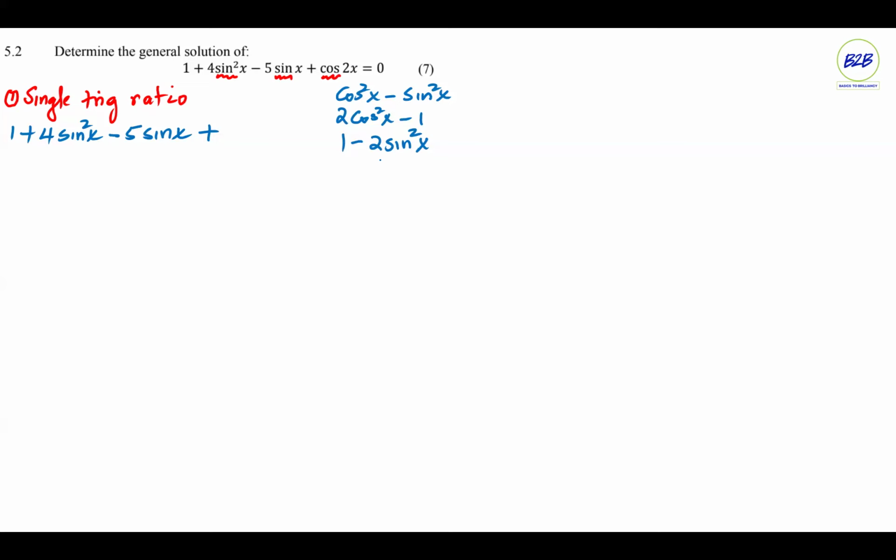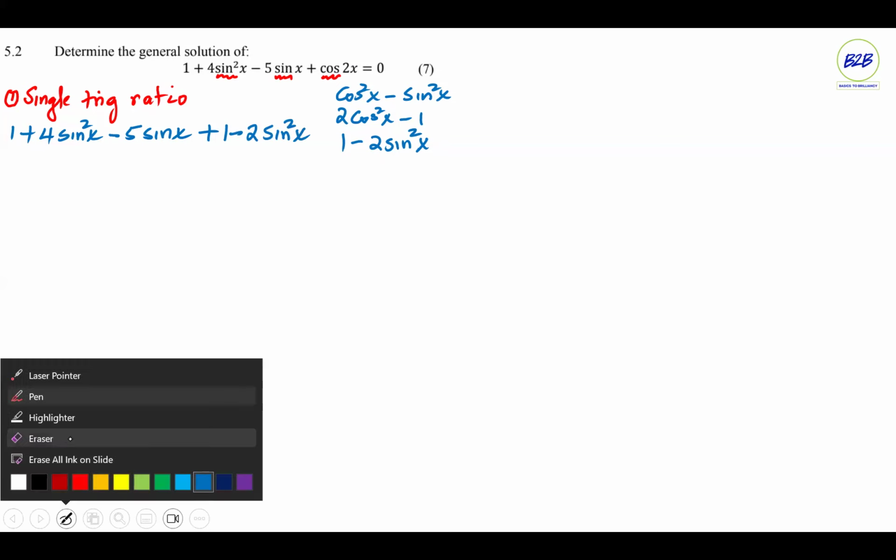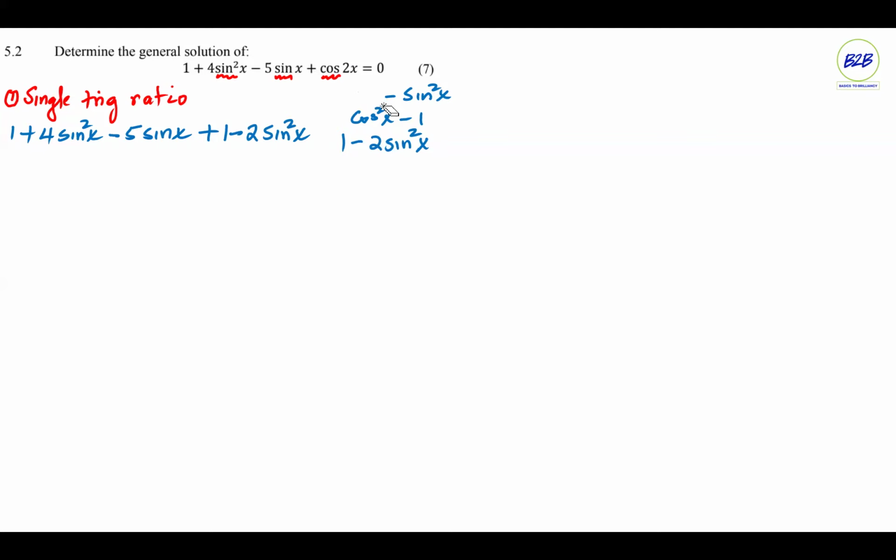And now we rejoice. Why? Because this one has only sine. So we can then substitute in the place of cos 2x by 1 minus 2 sine squared x, and then say all of this is equal to 0.